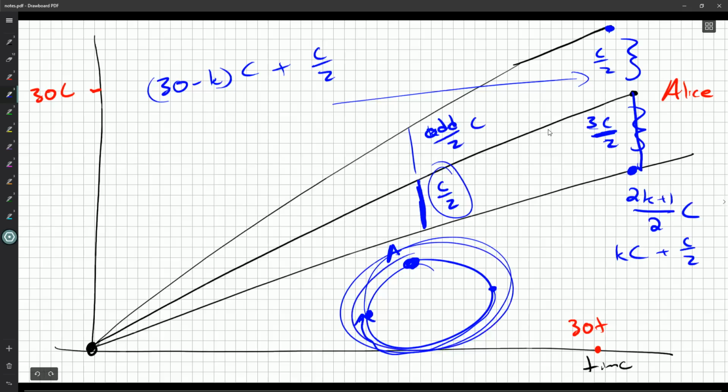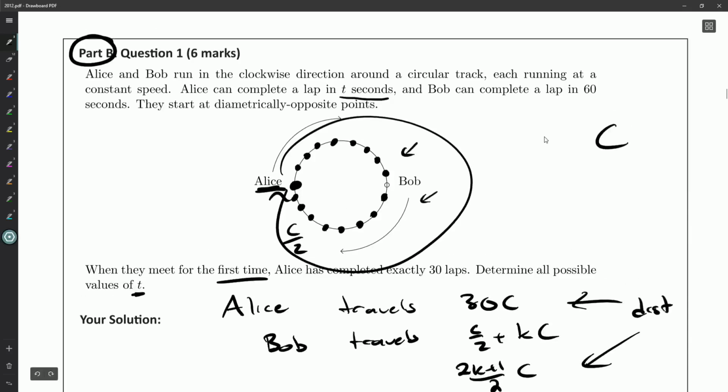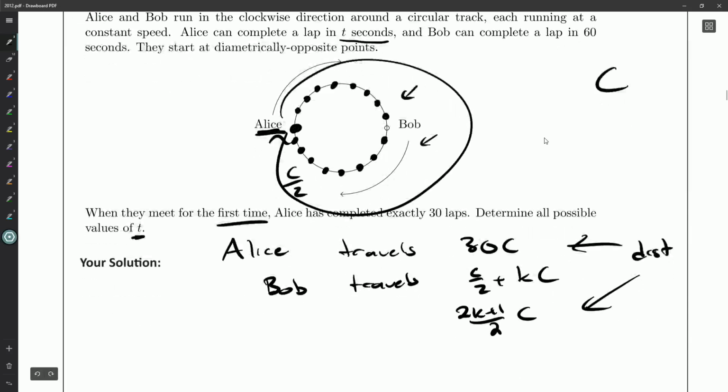Okay? So, all this reasoning, which for some of you might be obvious, some of you might not even have thought of this, some of you might just be saying, well, obviously there's two answers. Well, I would say no, it's not always obvious that there are two answers. And while we don't have to show our reasoning because it's a Part B question, it's still important to be able to realize, why are you only going to have two possible solutions?